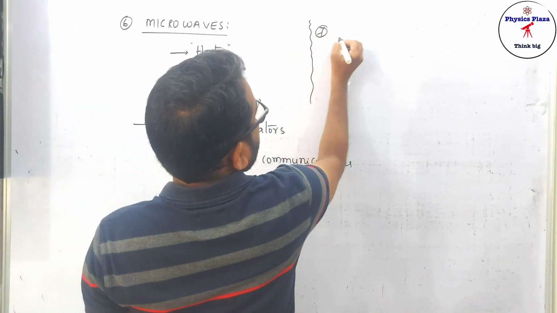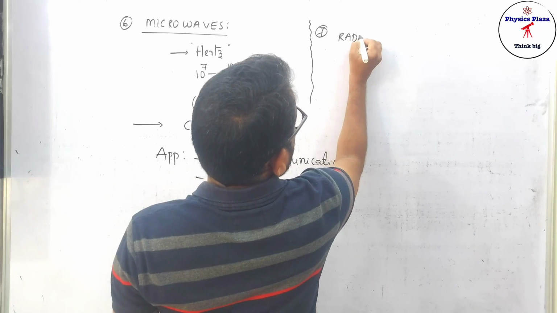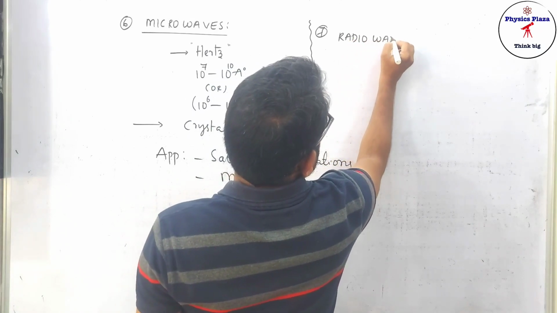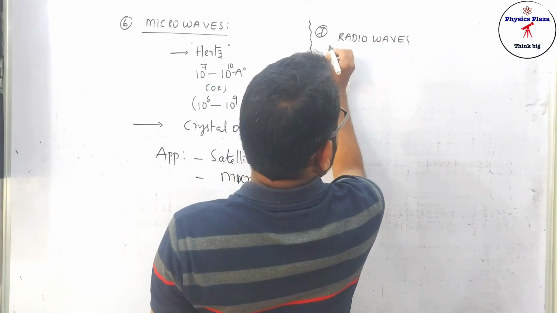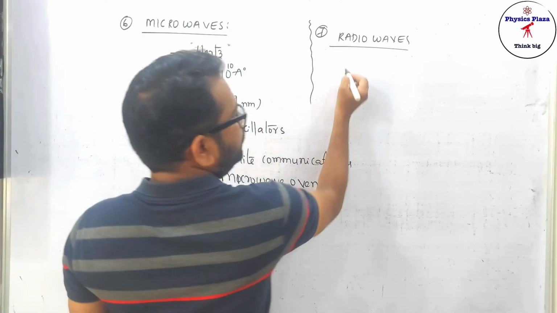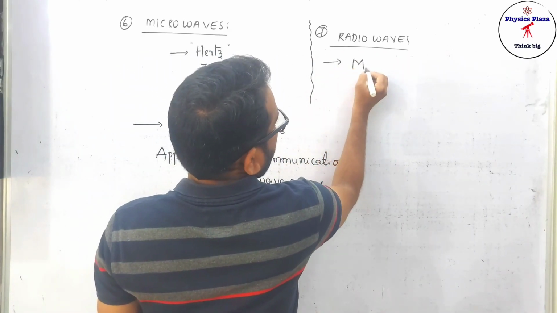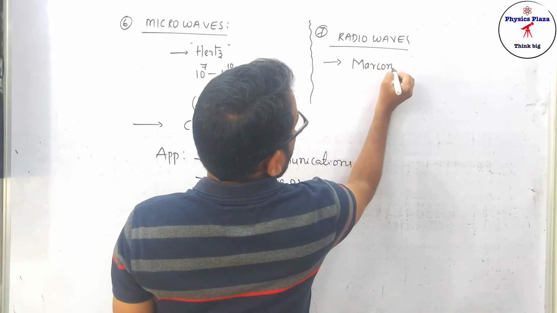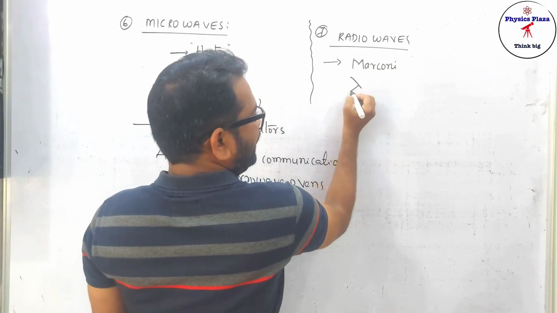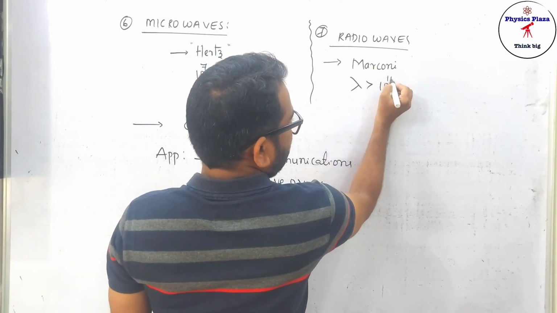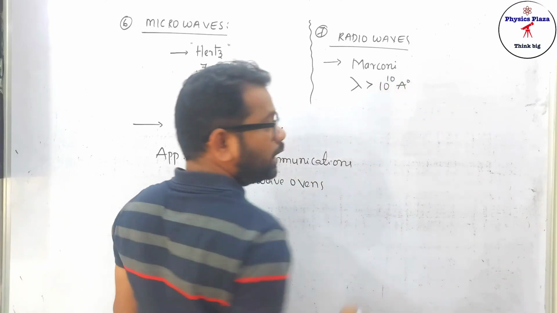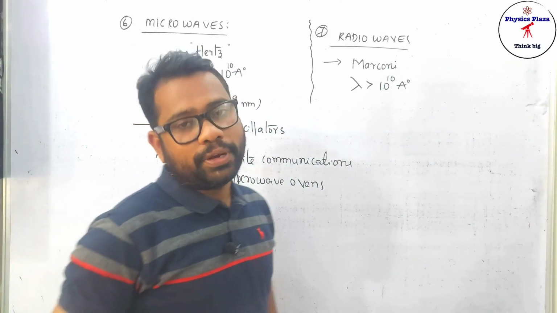Now come to the last one, children, that is radio waves. Fine, children. It was discovered by Marconi, and the wavelength range is greater than 10 power 10 angstrom, or greater than 10 power 9 nanometer.